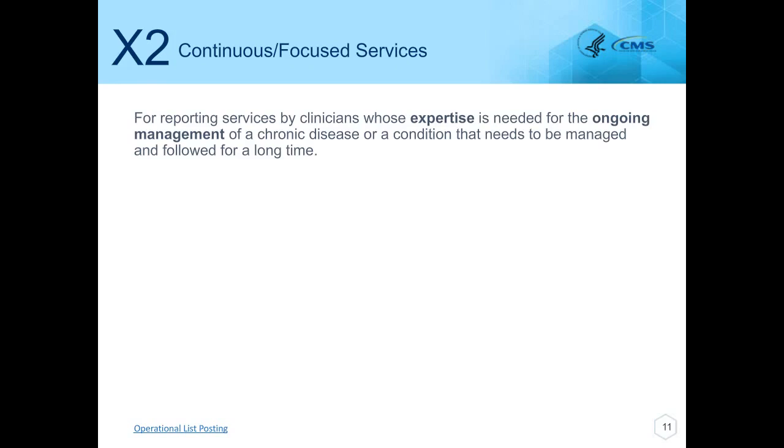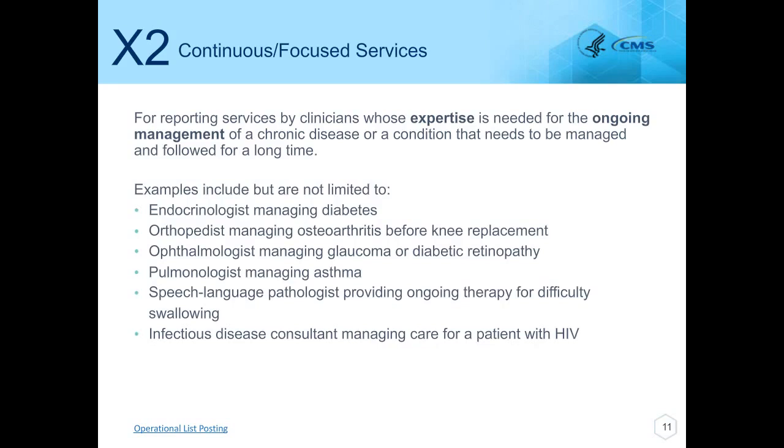For X2, the continuous focused clinicians might be focusing on a specific organ or disease process that needs to be managed over a long period or indefinite amount of time. Examples might include specialists that are focused on a specific disease process or condition, again occurring over an indefinite period of time.